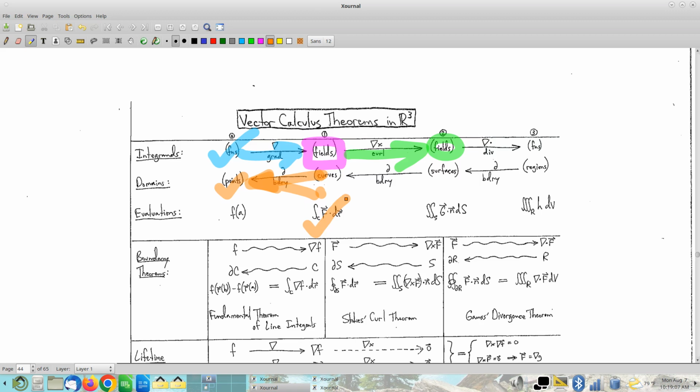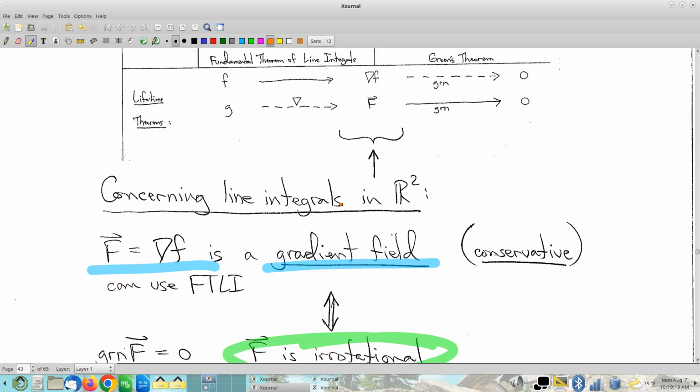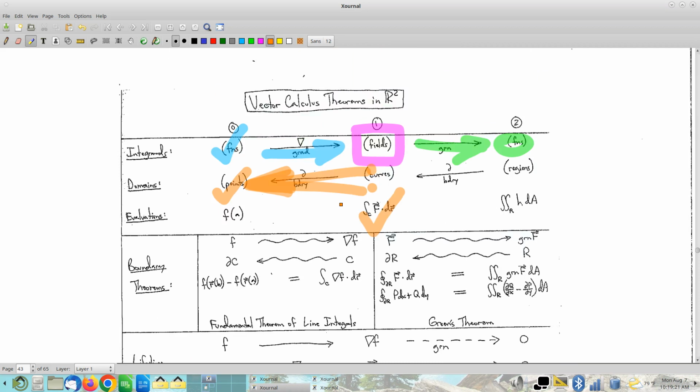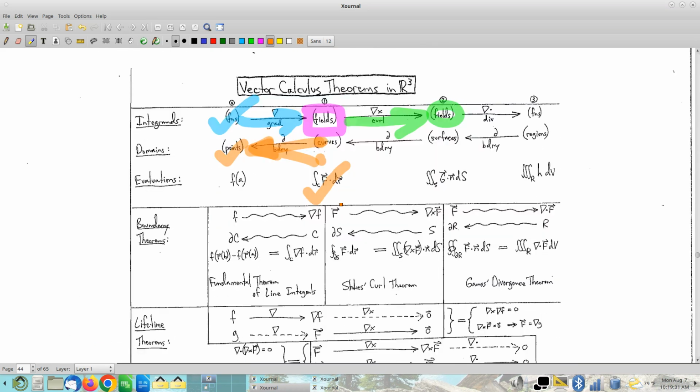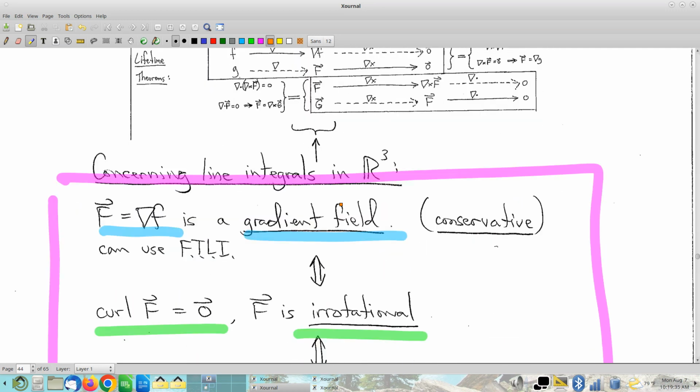Notice the little pattern we have for the special fields in column 1 of R3: same exact pattern as in R2. How about that? Green's theorem is not the same theorem as Stokes' curl theorem, but it's totally analogous, at least in this sense.